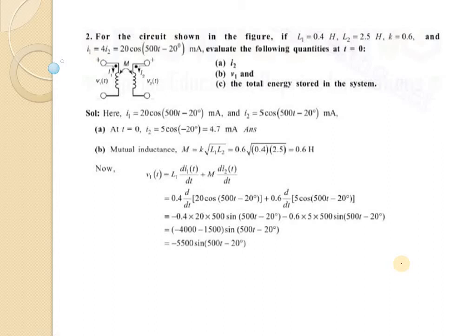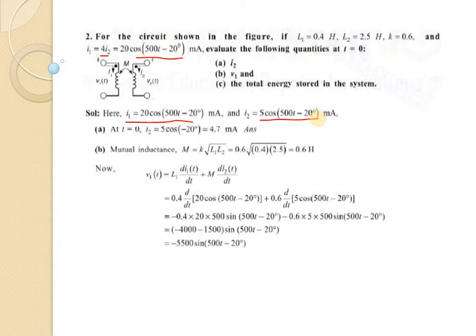So let us consider the values of I1 and I2. The value of I1 will be 20 cos(500t minus 20). The value of I2 will be I1 divided by 4, because in the question it is given that 4I2 equals this. So we get I2 equals 5 cos(500t minus 20).